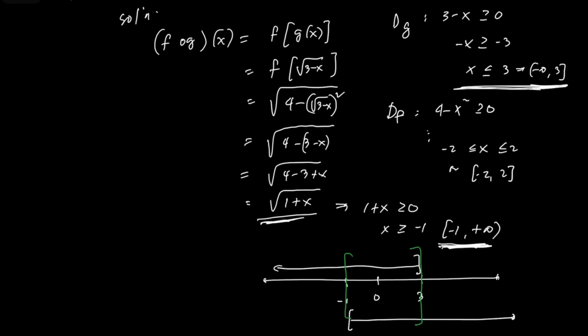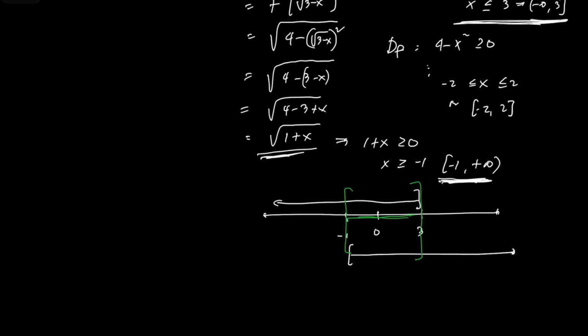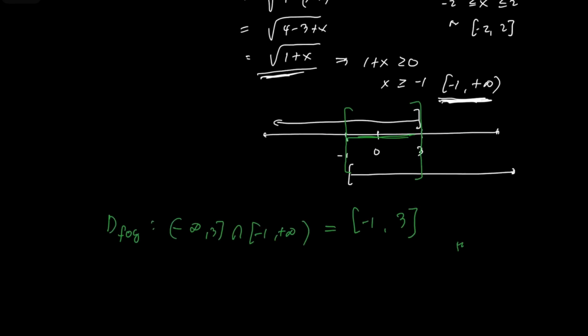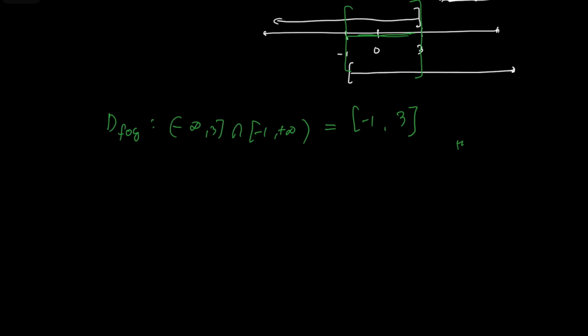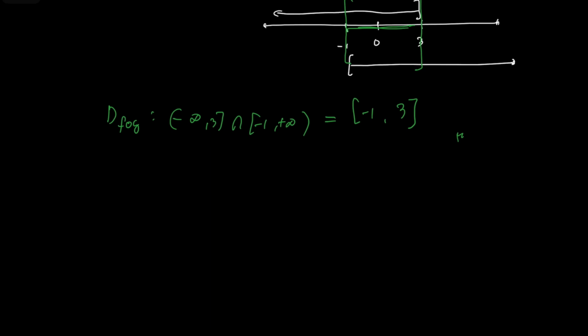And their intersection is here, and that intersection is from negative 1 to 3. Okay? So basically, the domain of f of g is just the intersection of negative infinity to 3 and negative 1 to positive infinity, which is from negative 1 to 3. Do you follow? Okay, good.